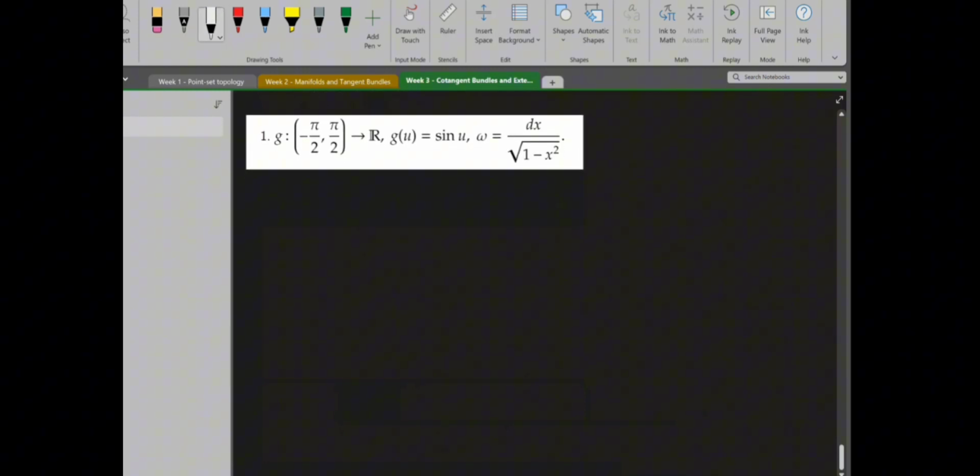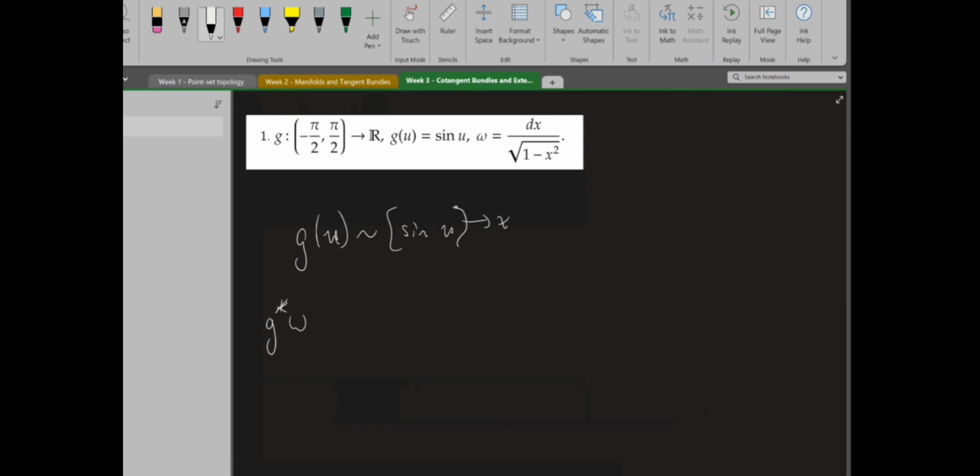Pull back omega by g. Okay. So what is omega? These are both one-dimensional, right? So it should be natural. You can think of g of u as being matrix valued with sine u, and this is the x component of g of u.